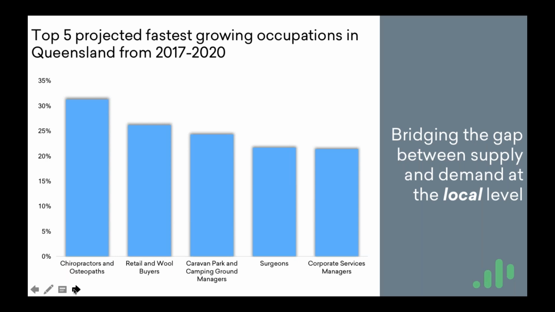We now look at the same data for the state of Queensland, same time period. Again, top 5 fastest growing jobs, all around 20% growth over the next couple of years, which is pretty huge. Again, just look at those 5 jobs along the bottom there.